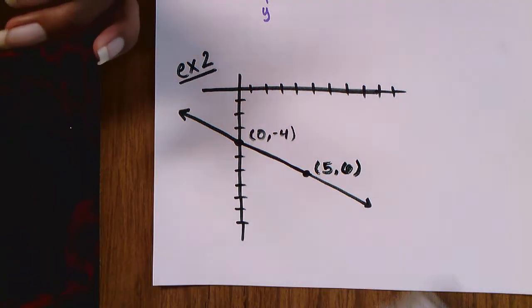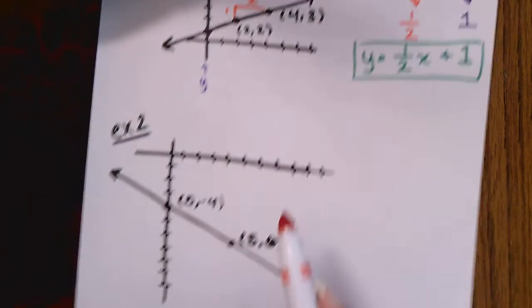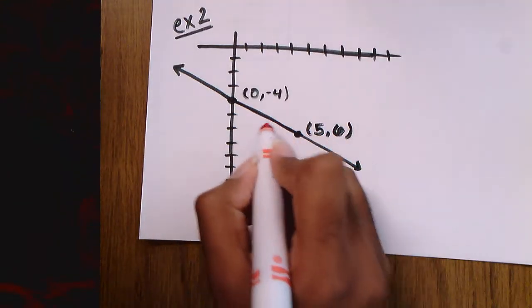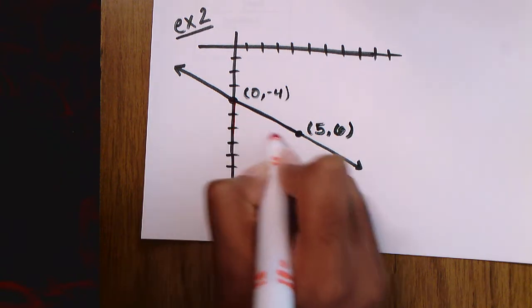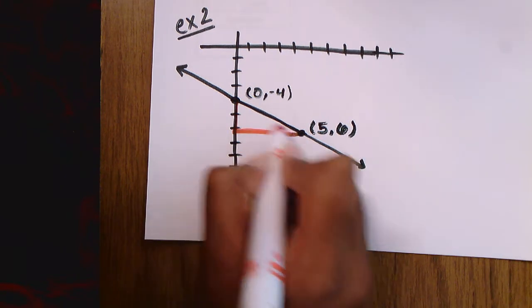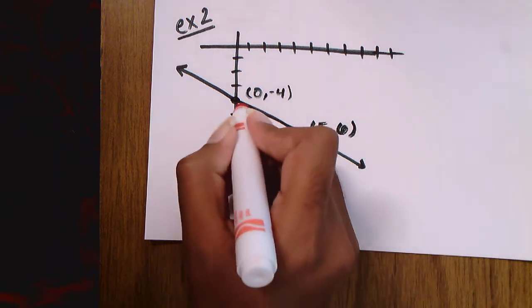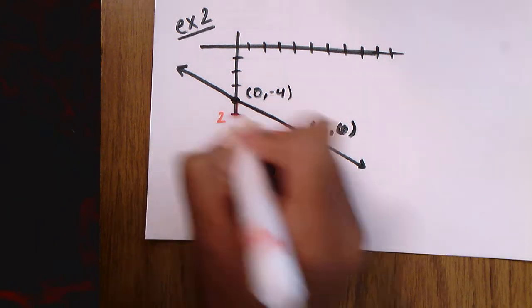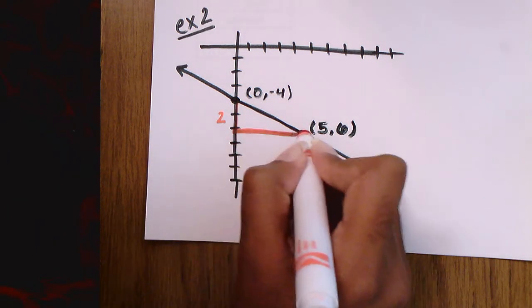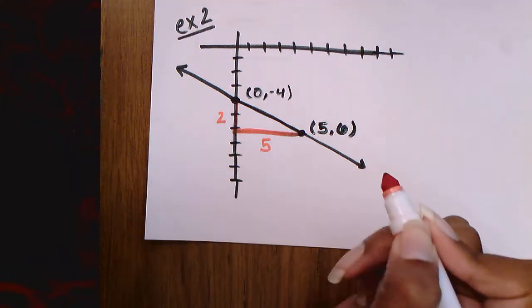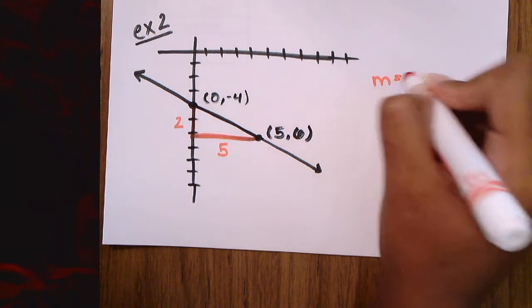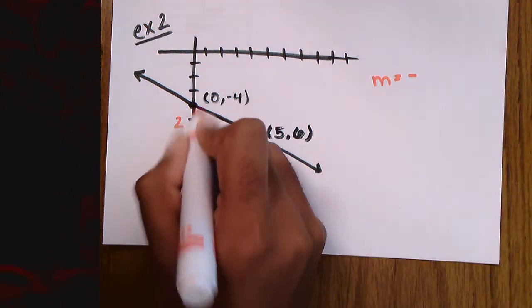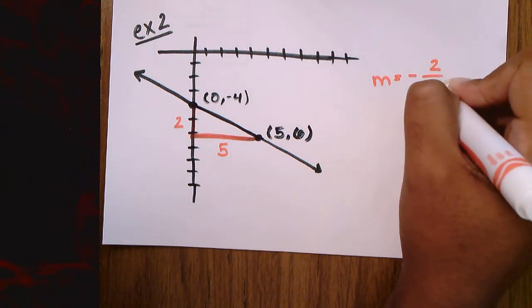So again, we're going to find our slope, right? We need both our slope and our y-intercept. So here, the rise, the vertical distance between these 2 points, over our run, the horizontal distance between these 2 points. So our vertical distance is 2, our horizontal distance is 5, and this has a negative slope. So I'm going to say that my m is going to be equal to negative rise over run.